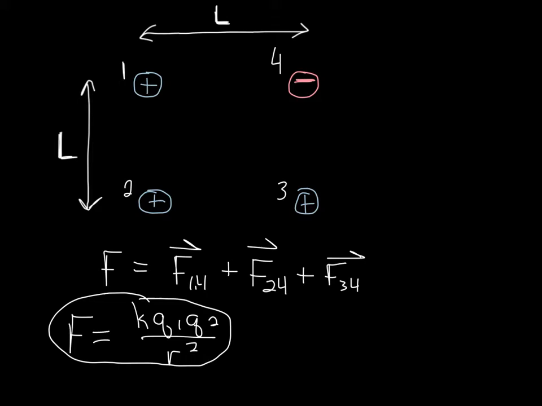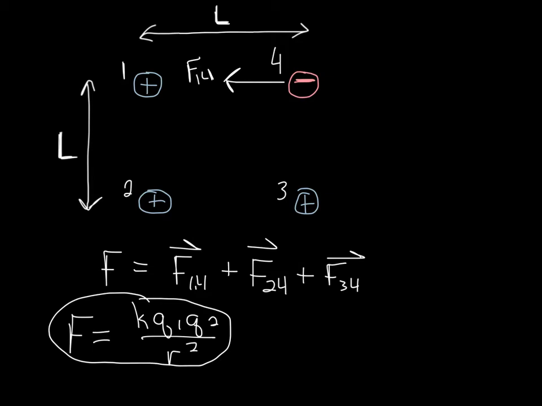I have the force of the first charge acting on the fourth charge. Since these charges are oppositely charged, they have opposite signs, and opposite charges attract. So this fourth charge is going to be attracted to the first charge. That's going to be the vector nature of force 1 on 4. They're going to be attracted to each other.